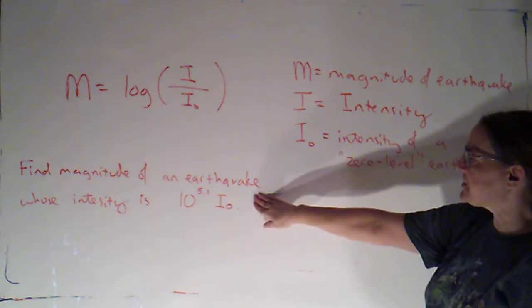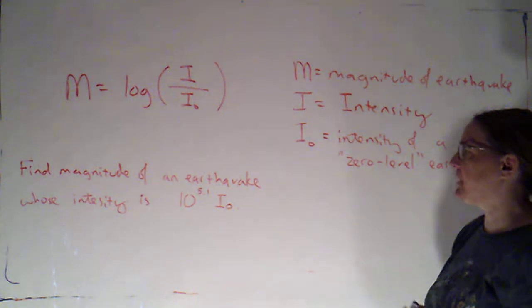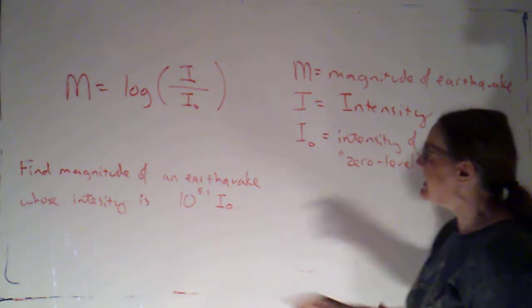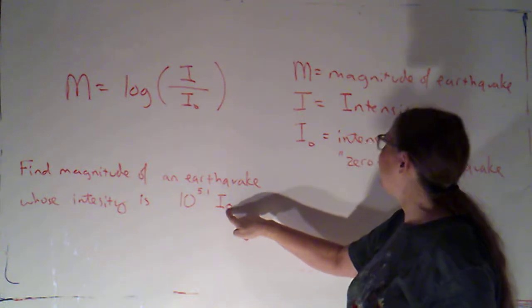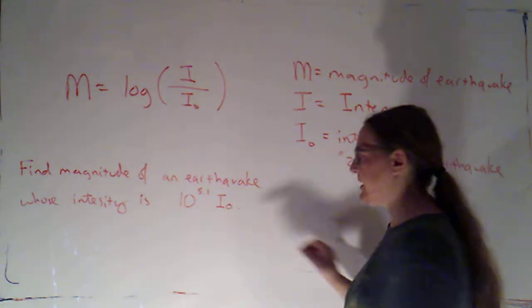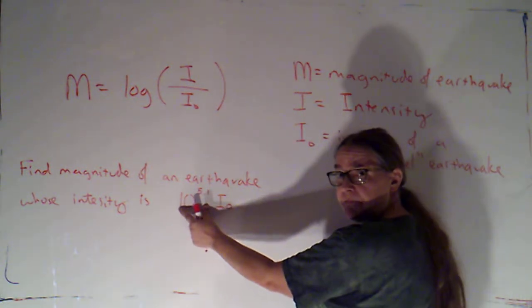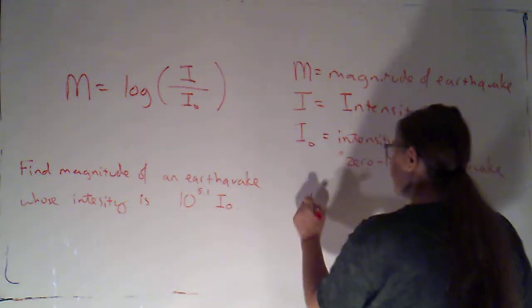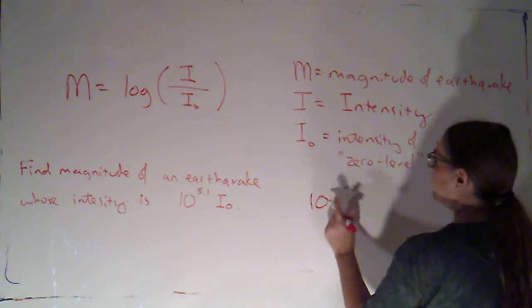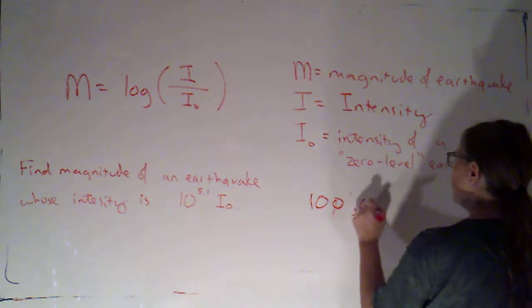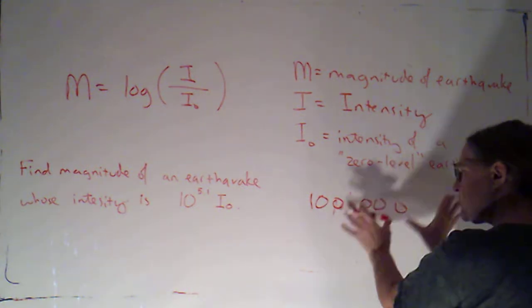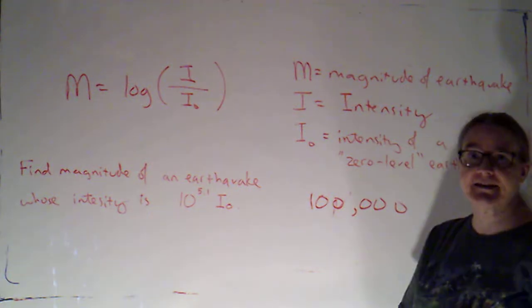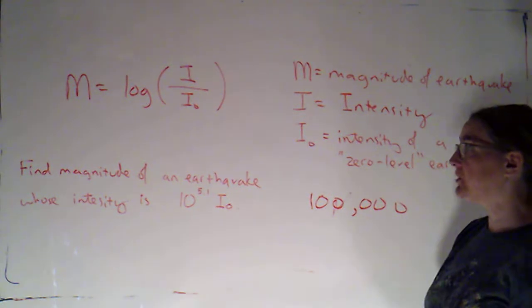Okay. So, for example, I want to find the magnitude of an earthquake whose intensity is 10 to the 5.1 times the intensity of a zero-level earthquake. Now, that's a fairly big number. That's bigger than 10 to the 5, and 10 to the 5 would be 1 followed by 5 zeros, so that would be 100,000. Okay, so this is more than 100,000 times more intense than a zero-level earthquake.